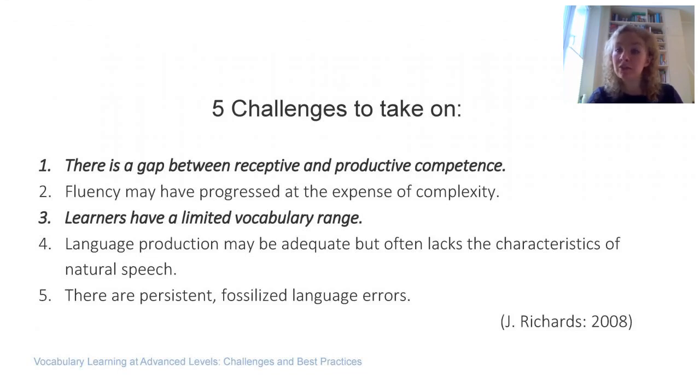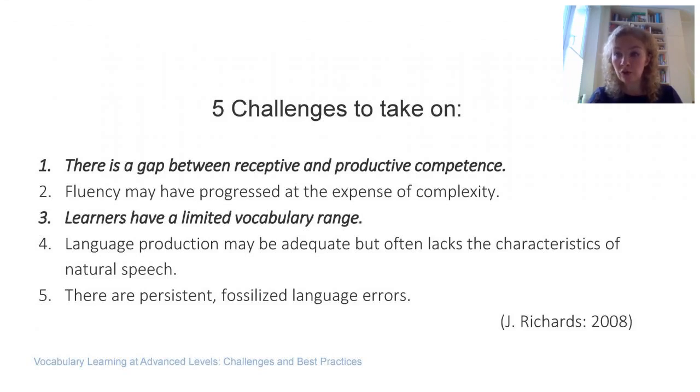Third, learners have a limited vocabulary range. What he means by that is that at intermediate and upper intermediate level, the vocabulary size is around 6,000 word families. But for C1, it should be 8,000 word families at least.